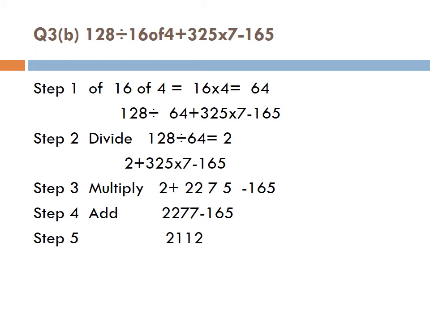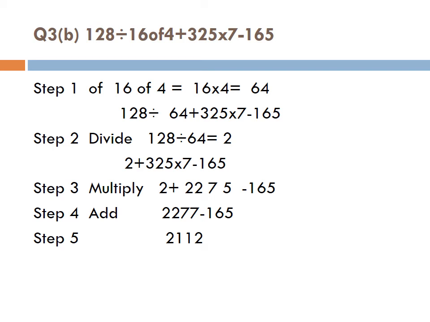Now 128 divided by 64 plus 325 multiplied by 7 minus 165. Next step, divide. 128 divided by 64 is equal to 2. 2 plus 325 multiplied by 7 minus 165.